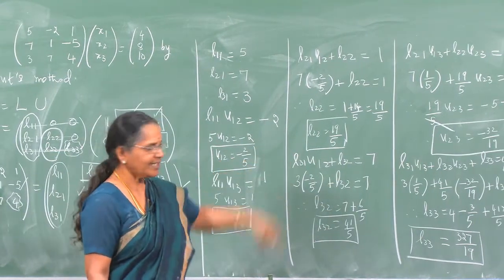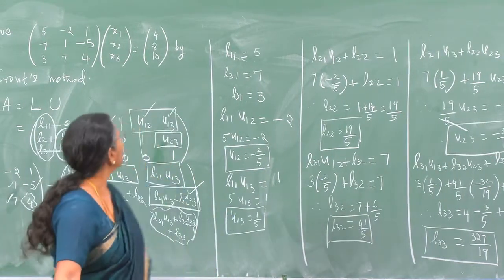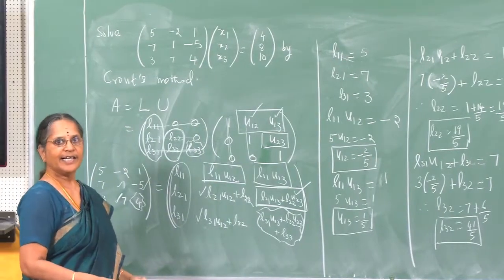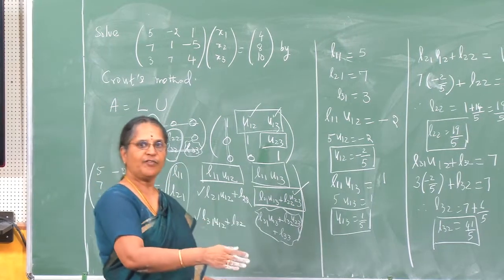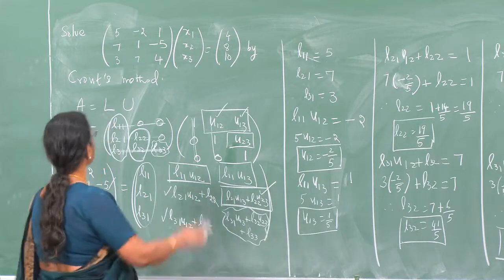Now that we have the two matrices L and U and we are asked to solve the system Ax equal to B, let us work out the details by first using forward substitution followed by backward substitution.